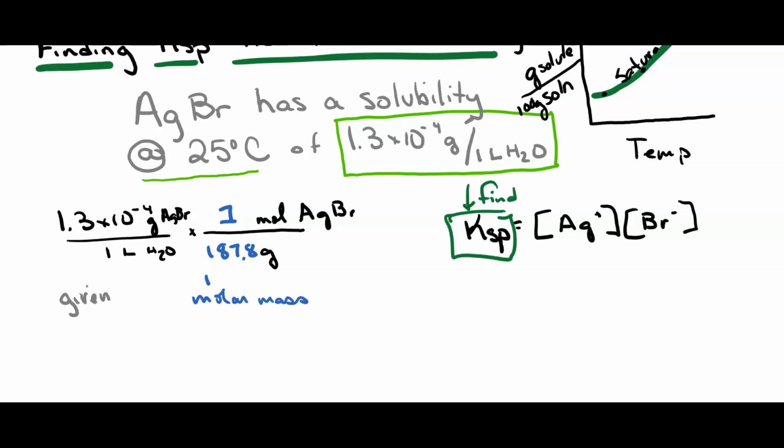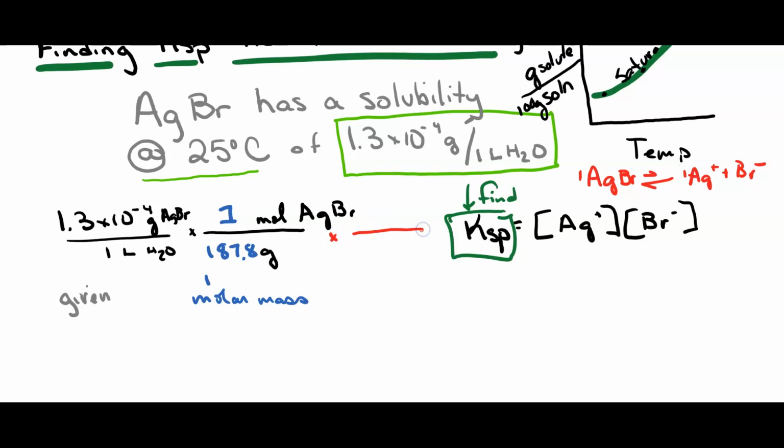From this, we know our concentration of silver bromide, but we need to know the concentration of the individual ions. So pulling from the mole ratio from our equation where AgBr dissociates into silver ions and bromide ions, we know that it's a 1-to-1 ratio between them all.